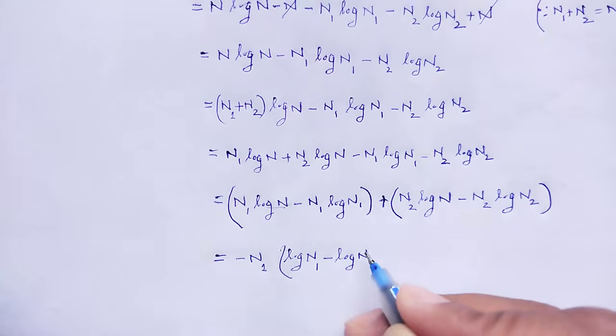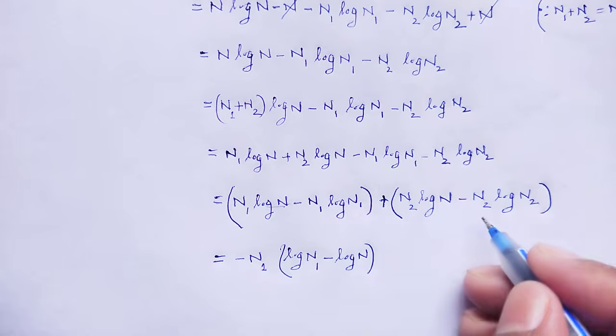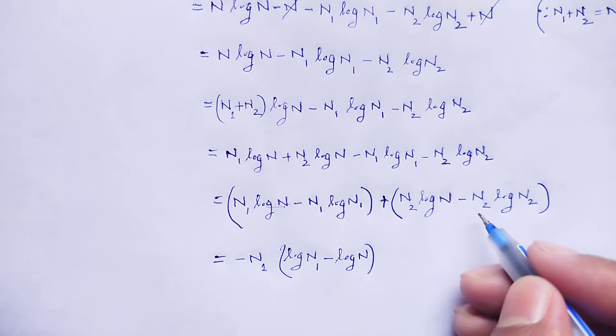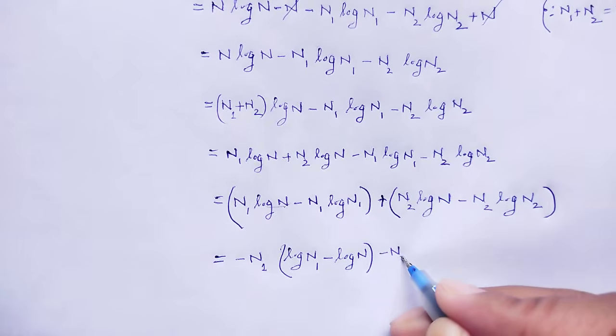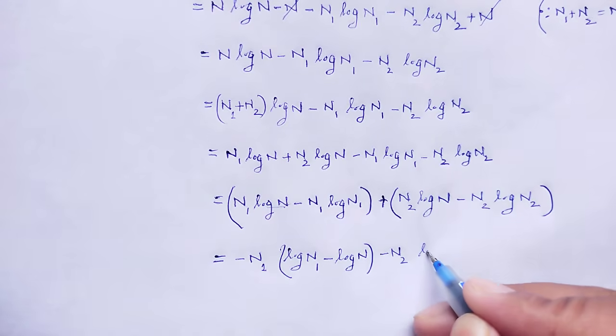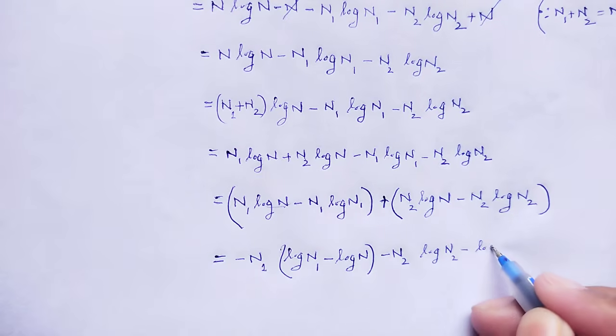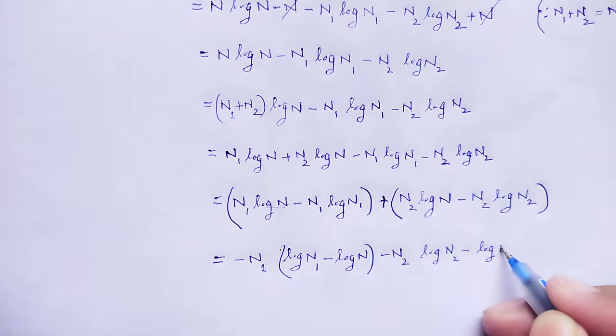No such change. Again, inside that bracket, we take common term as minus n2. So we obtain log n2 minus log n.